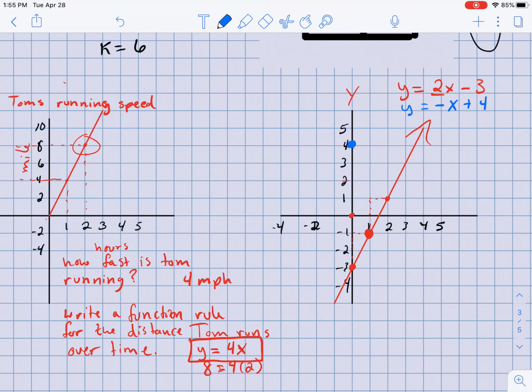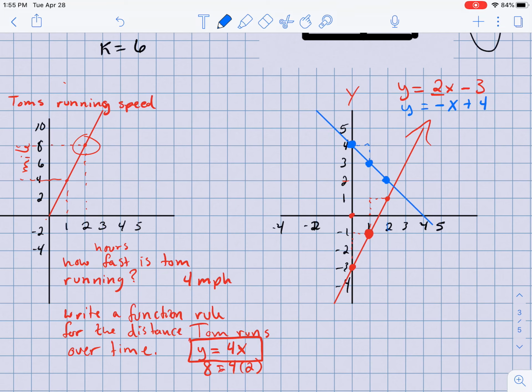Now it goes down 1 over 1, or when x equals 1, we get negative 1 plus 4 is positive 3. So there's our first point. Our next point is when x is 2, y equals positive 2. Now we have a couple points that we can draw a line connecting.